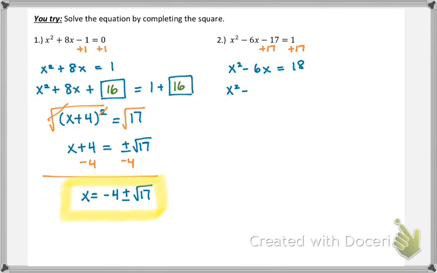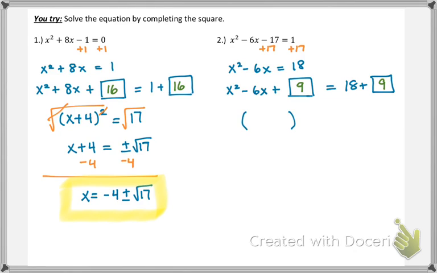And then I'm ready to add my squares to both sides of the equation. And then in the square, we're going to add negative 6 divided by 2, which is negative 3, squared, that's 9.